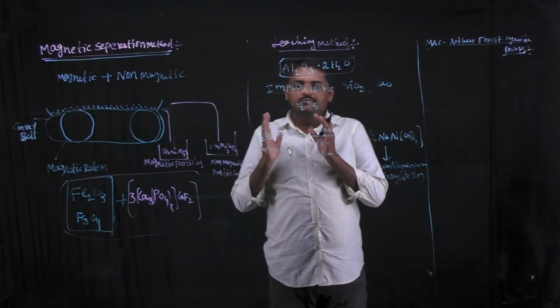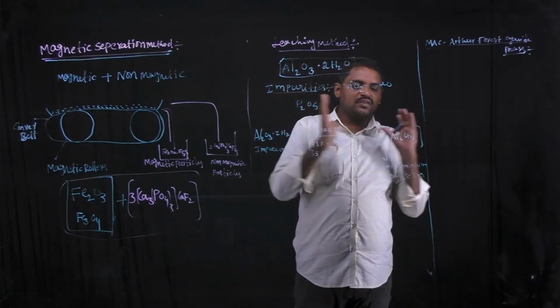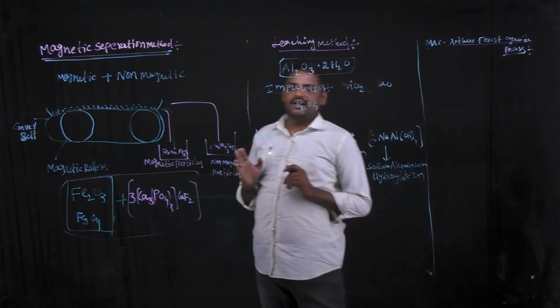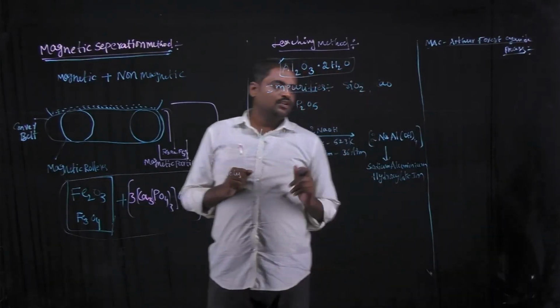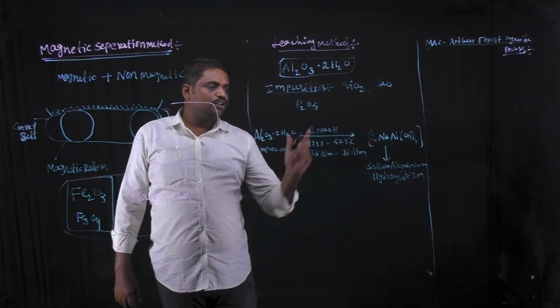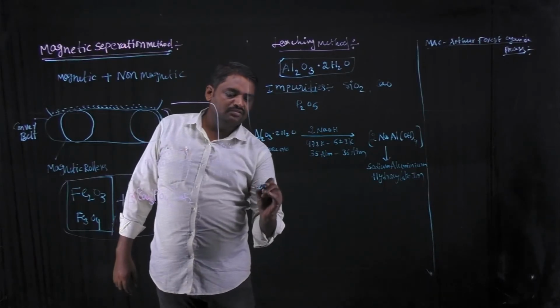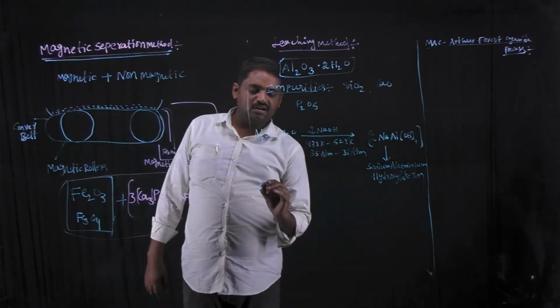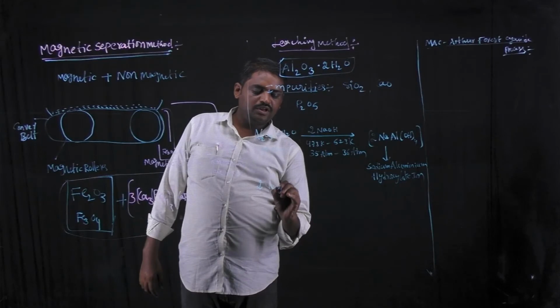So the impure bauxite is converted to sodium aluminum hydroxylate ion.